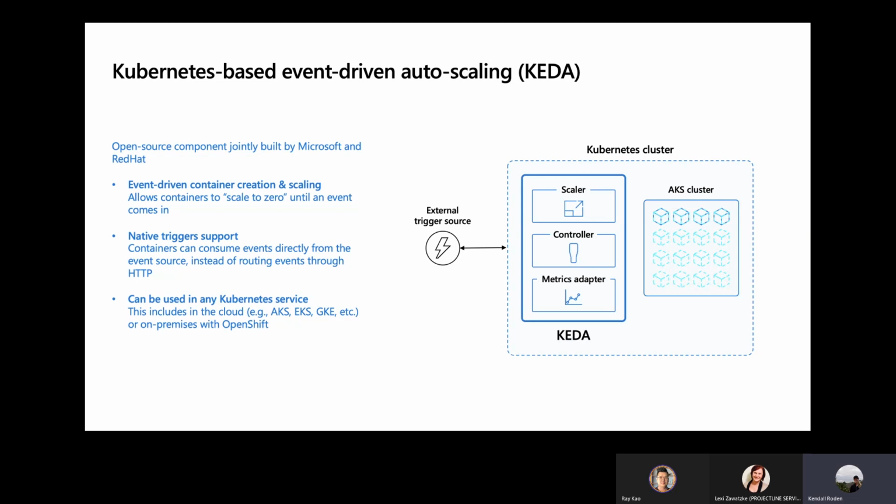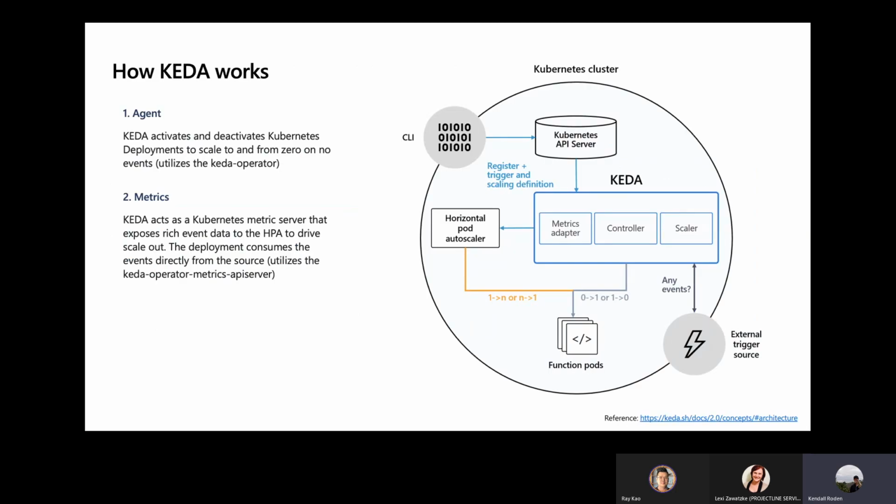So as I mentioned, this is essentially how it will work. KEDA has functionality where you can scale a pod or a deployment to 0, and that's not something that the HPA traditionally supports. So the scaling from 0 to 1 or 1 to 0 replicas of a particular object, whatever you're choosing to scale, is handled by KEDA. And then KEDA will work with the horizontal pod autoscaler when you're scaling from 1 to many or many back down to 1.